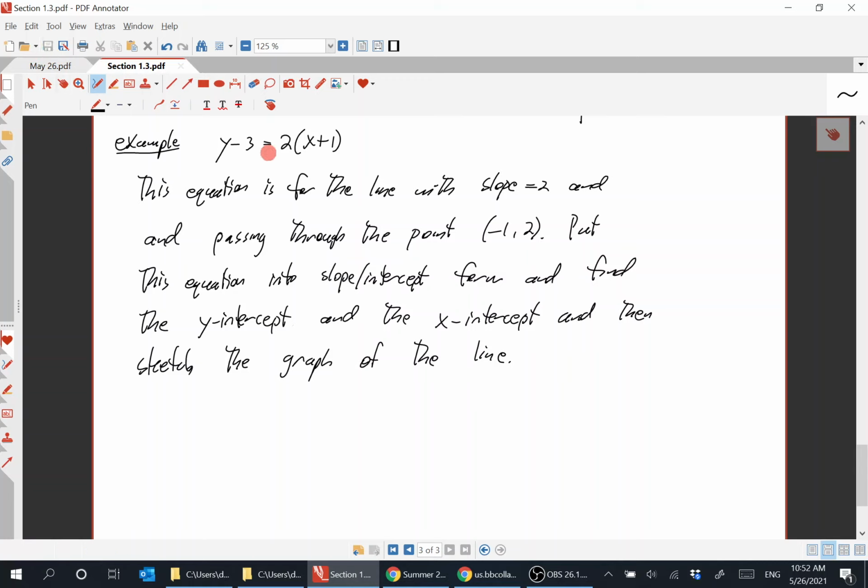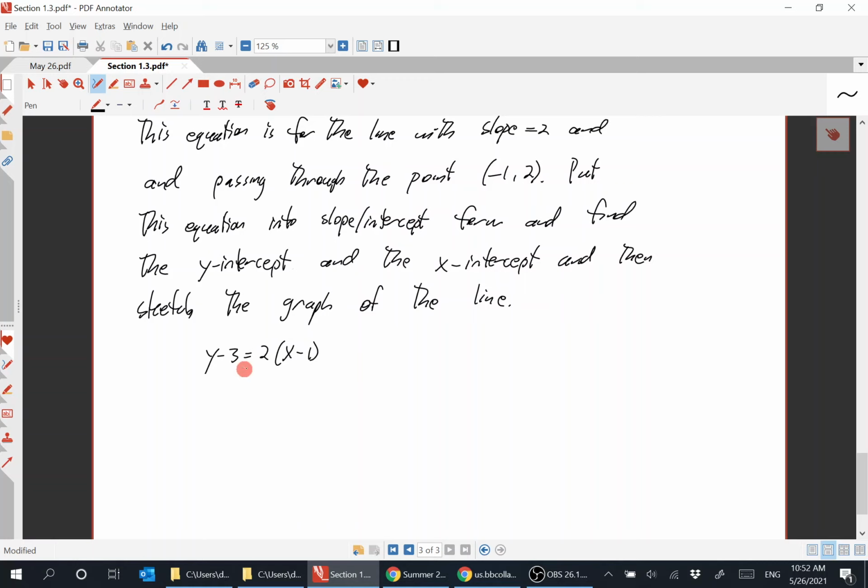Okay, so y minus 3 is equal to 2 times x minus 1. So what you want to do is to push all of the constants over to the right and then distribute this through here. So first let's do the distribution, 2x minus 2, and then let's add 3 to both sides, and we have y equals 2x plus 1.